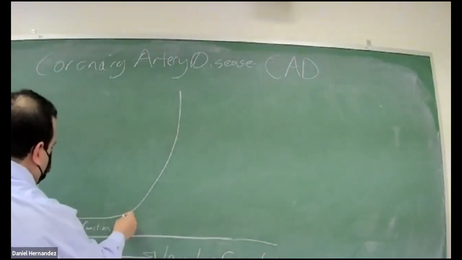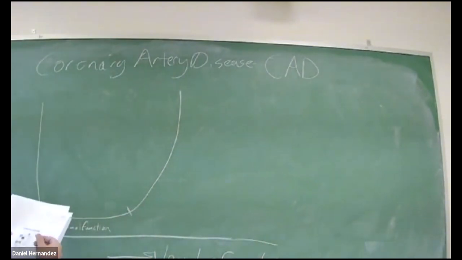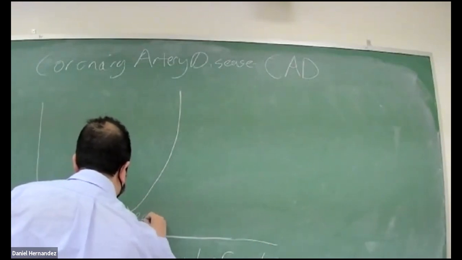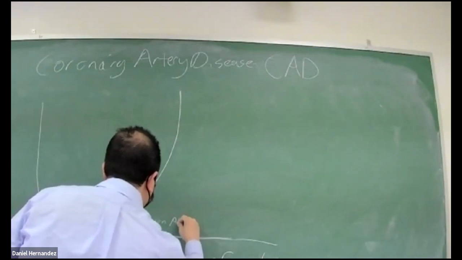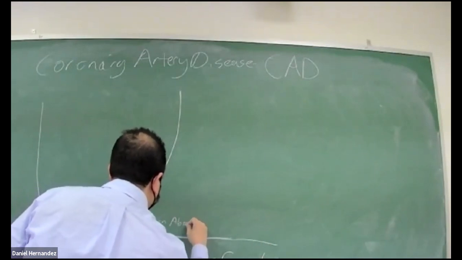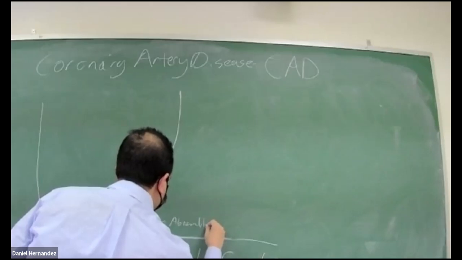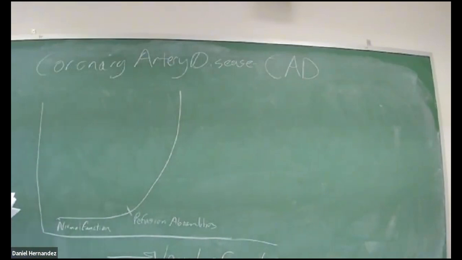It isn't until a certain point where the coronary arteries become blocked that we start seeing perfusion abnormalities. At this point, we're not necessarily seeing anything on our echocardiogram.